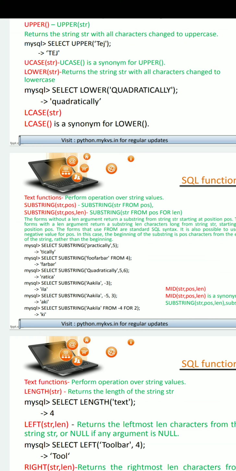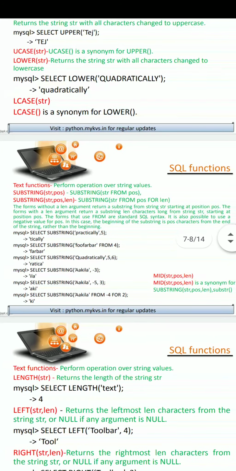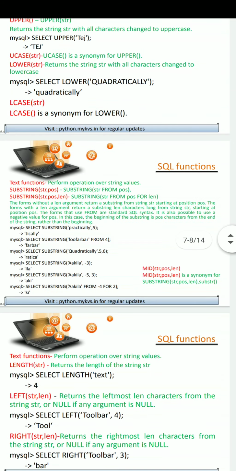Either we can use substring with the string and its position, or the string with the position and then the length, means the number of characters to be accessed. So the form without a len argument returns a substring from the string starting at position pos. And if we specify length, it means starting from that position up to the number of characters specified.